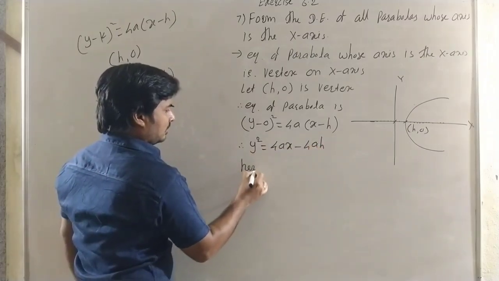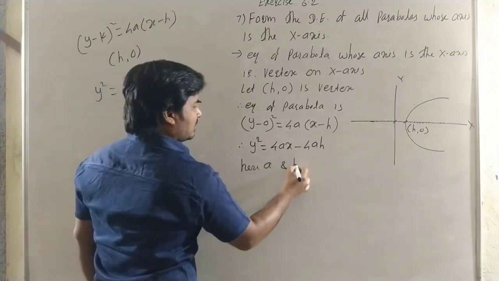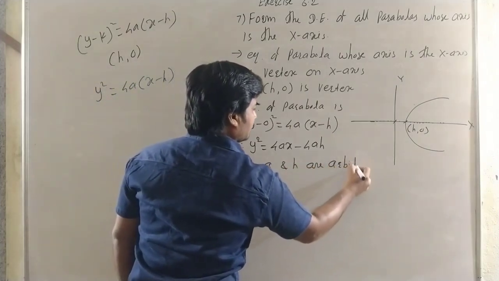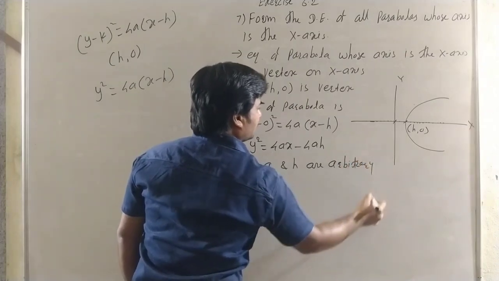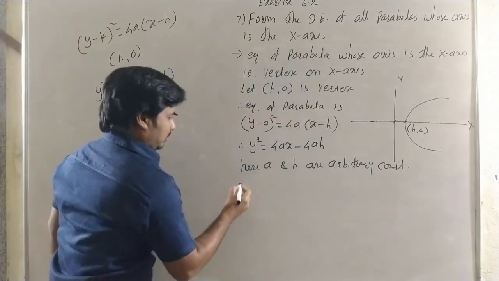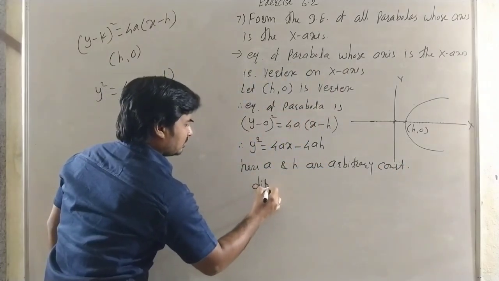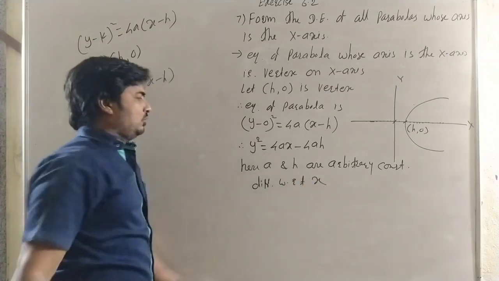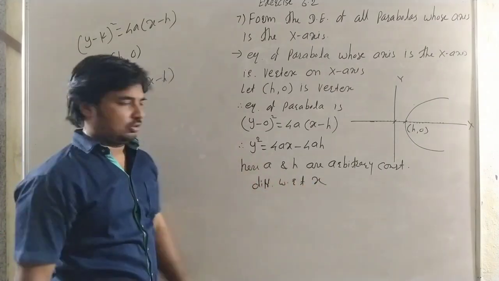Here a and h are arbitrary constants. Therefore differentiate with respect to x. We differentiate twice because there are two arbitrary constants.